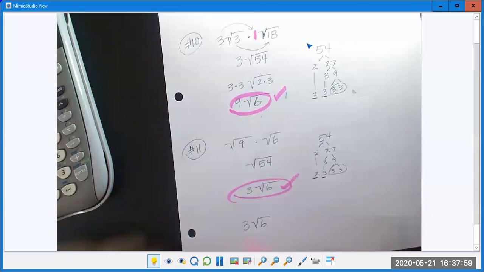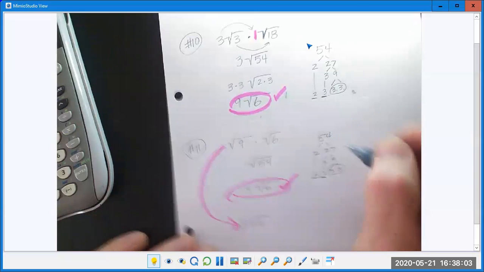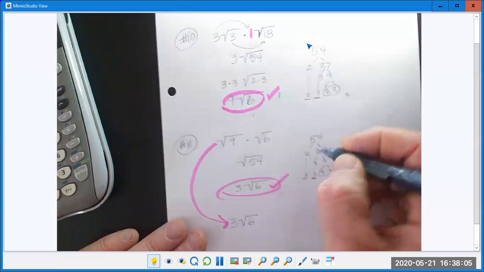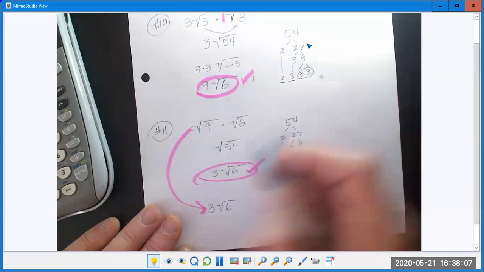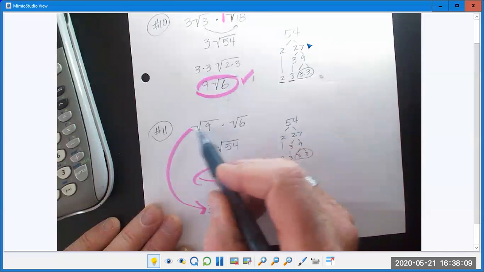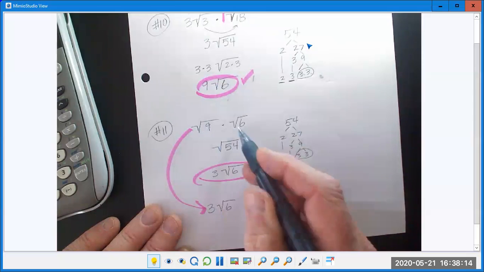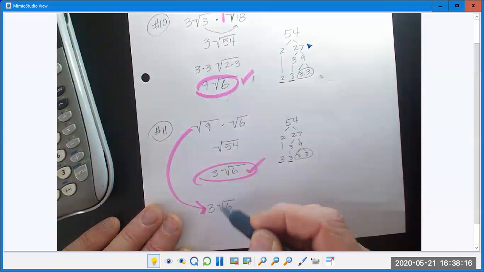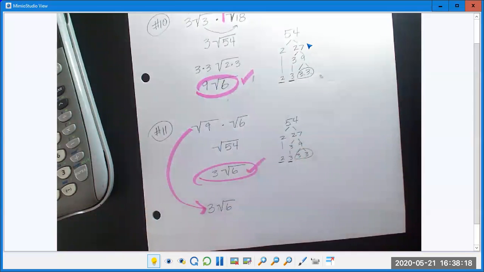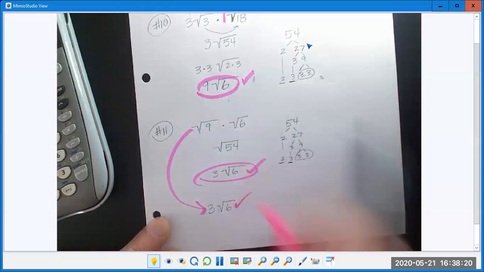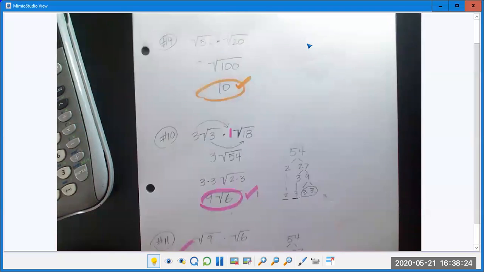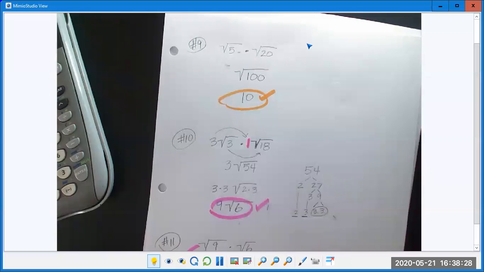So again, there's no problem with doing this work with your factor trees if you need to do it. This is a perfect square. Hopefully you recognize that, and then you're kind of done. It's just 3 radical 6. So either way, you guys see that? There's all kinds of different combinations. So just think about what you're doing as you're going into it.